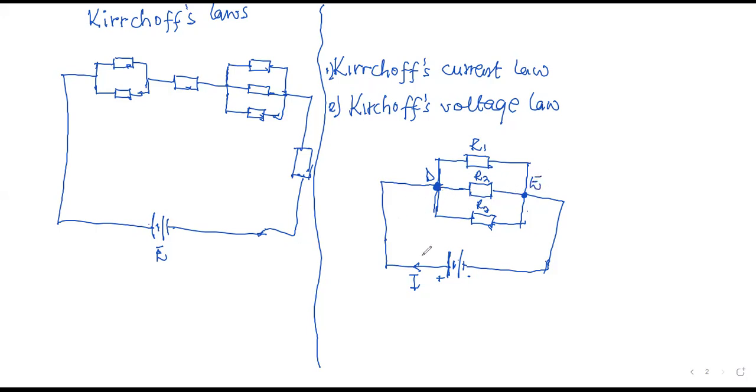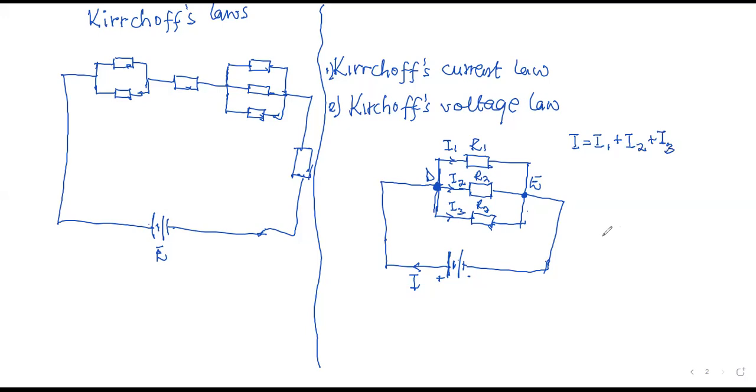Kirchhoff is saying that the total current entering a junction must be equal to the total current leaving that same junction. So supposing the current through R1 is I1, through R2 is I2, and through R3 is I3, Kirchhoff is saying that I must be equal to I1 plus I2 plus I3.